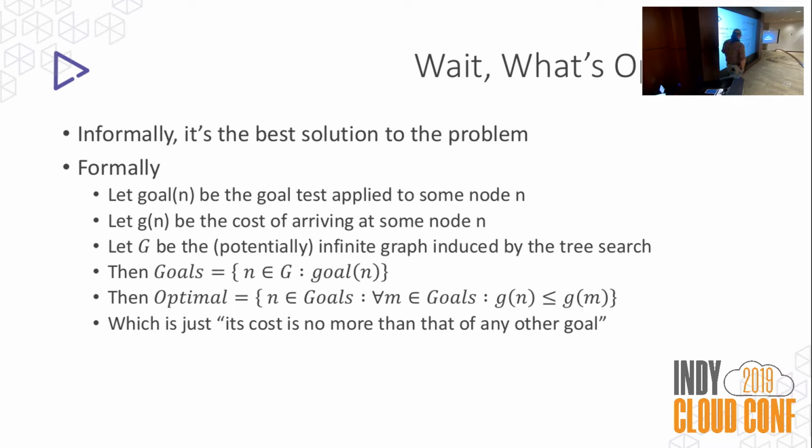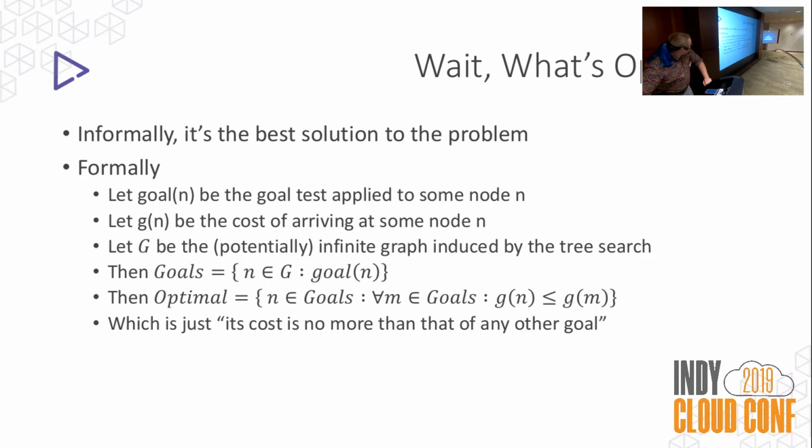And then the optimal solutions, or the optimal goals, are those nodes in the set of goals such that for all other nodes in goals, they have a cost that is no larger than that other cost. So literally, any solution whose cost is not larger than that of other solutions is defined to be optimal. There's nothing particularly scary here.